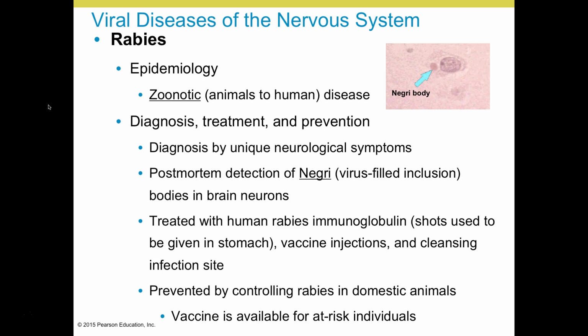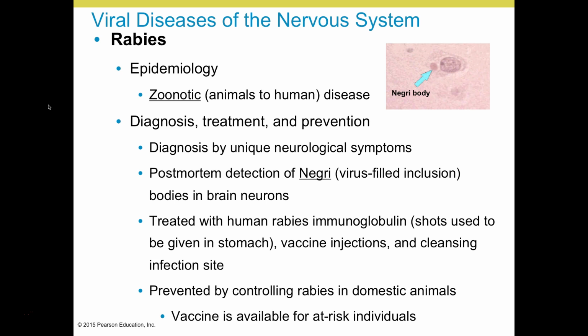We go into the diagnosis by neurological symptoms, the way that the person reacts. We can also do post-mortem detection, but that will be after the brain can be analyzed, when the person is pretty much dead.